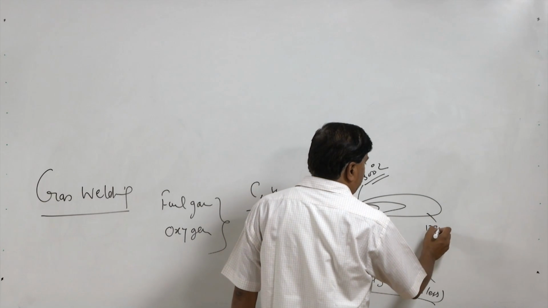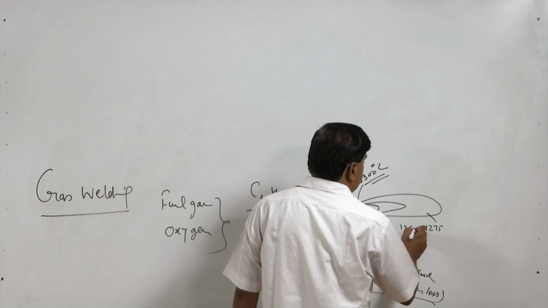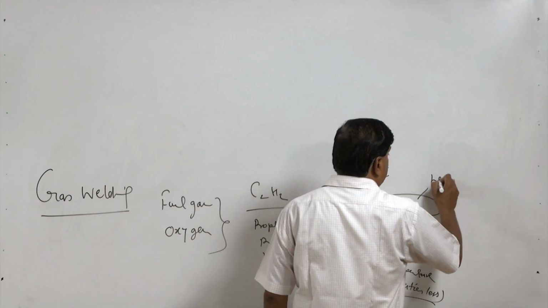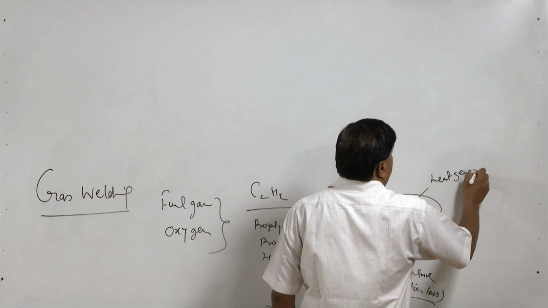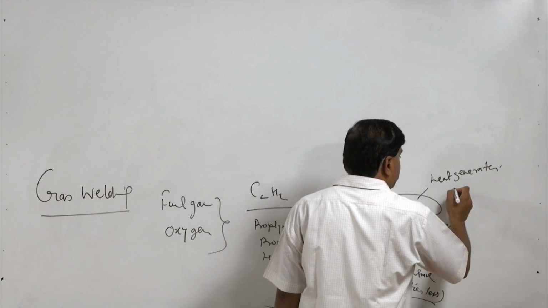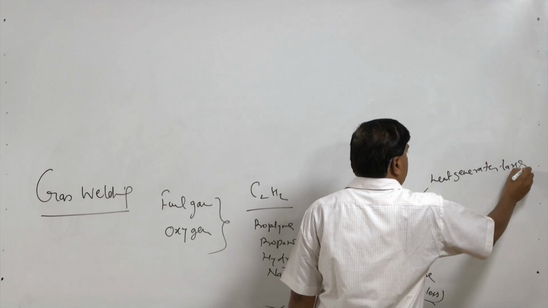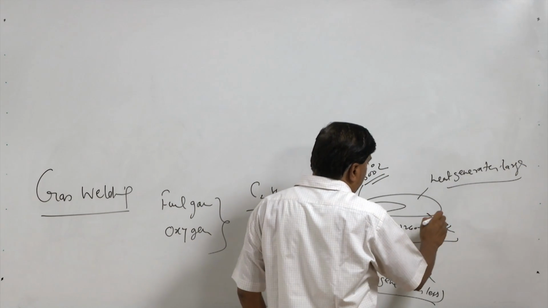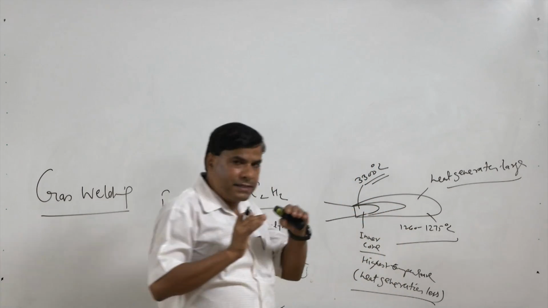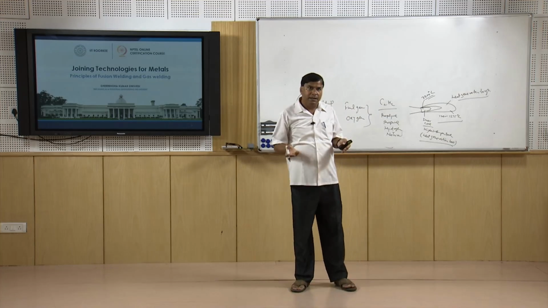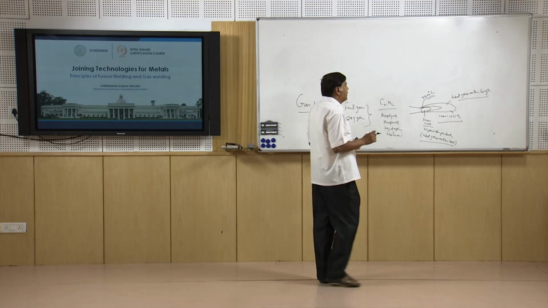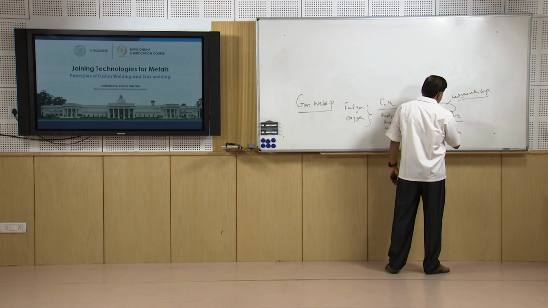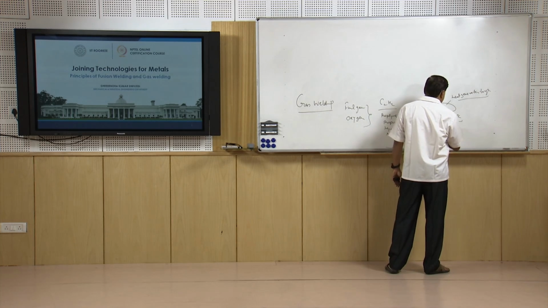It is 1260 to 1275 degree centigrade. However, the amount of heat generation in the outer flame is much larger, but still, since the surface area of this flame is more and it is exposed to the atmospheric gases, atmospheric air, because of these two factors, the temperature rise in this outer flame is limited.